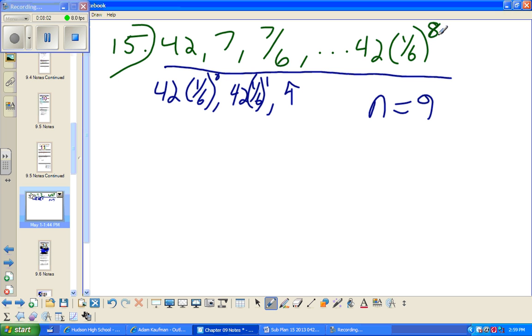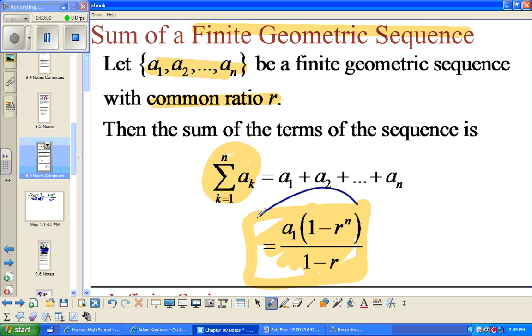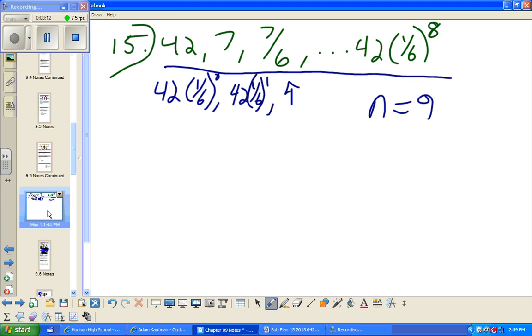From there, I'd use that formula we were just discussing. So I need the first term times 1 minus r to the n, over 1 minus r. The first term was 42. Take that times 1 minus r, which is 1 minus 1/6, and then raise that to the n, which is 9.